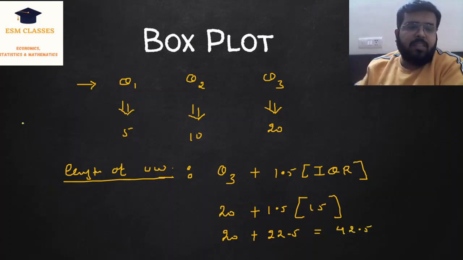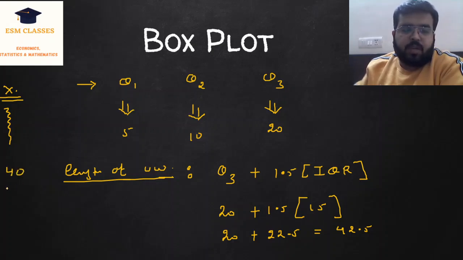Now, let's say your data set is like this. We have some values here. I'm just writing a few uppermost values. Let's say we have 40, we have 43, then we have 45.